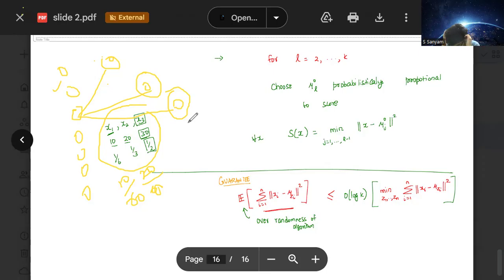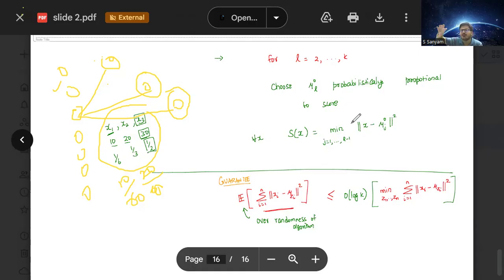Basically, it is intuitive because the next cluster mean will be at a farther distance from the already assigned cluster means.